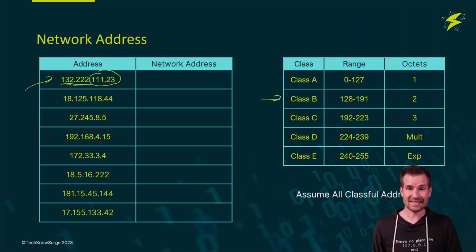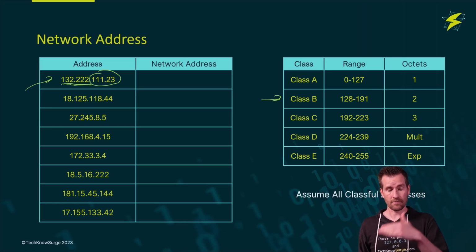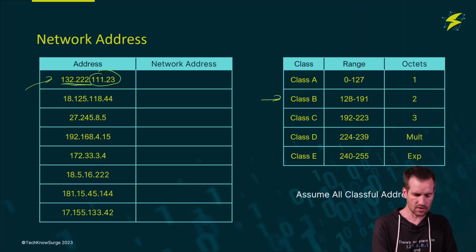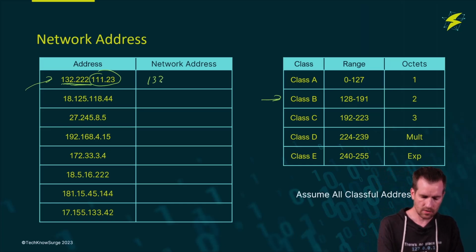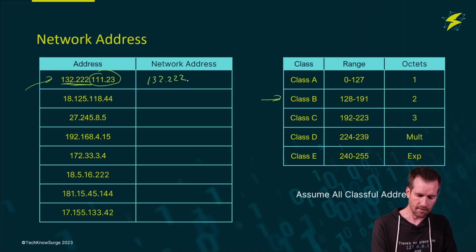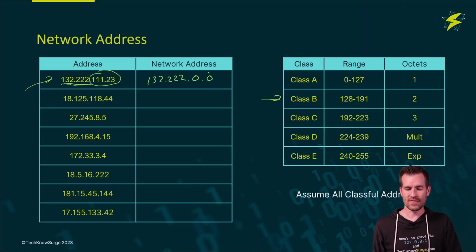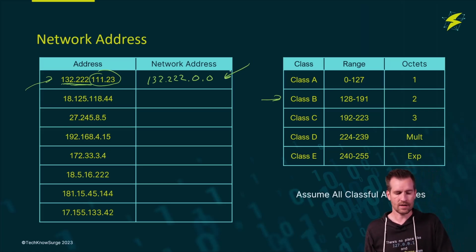So if this is the first address of that range, I'm going to say 132.222 is the network portion, and the first address of the range is 0.0. So that is my network address there.